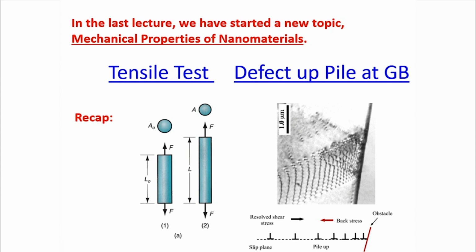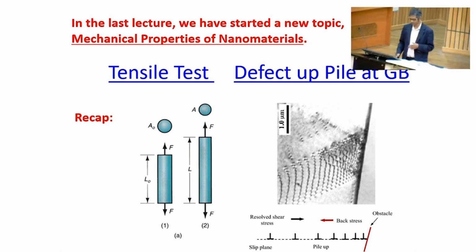At the end, I showed you some aspects about defects in the materials, because deformation, majorly by plastic deformation in these cases, occurs due to generation and movement of the defects in the material. And defects can be of different types. We have discussed that. Mostly we discussed the line defect, that's the dislocation.